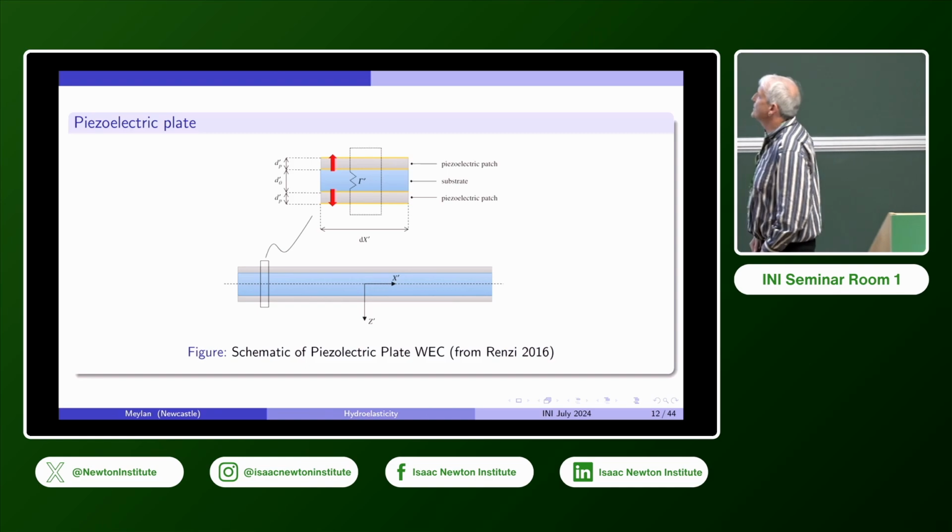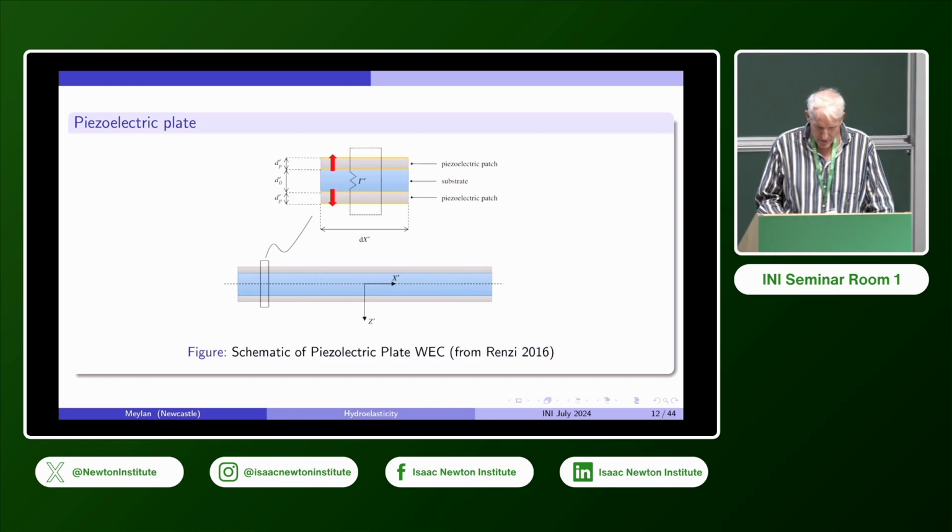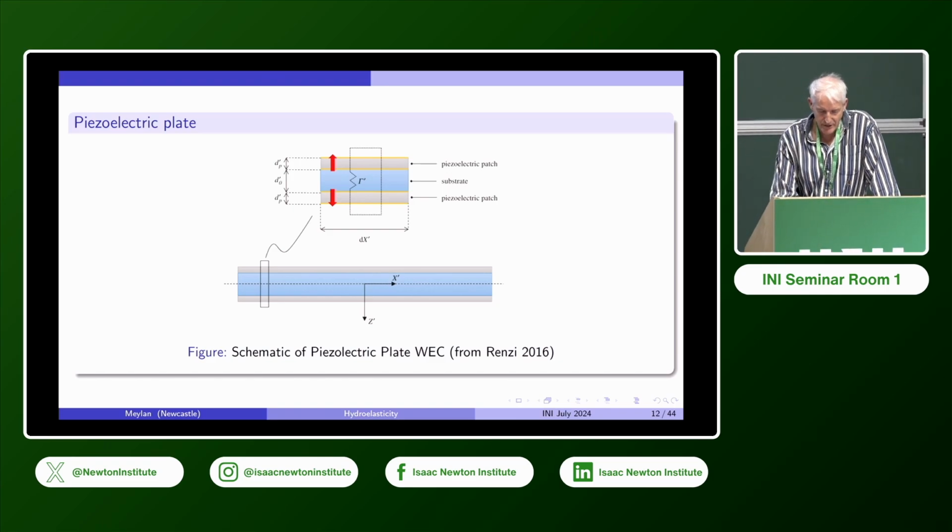There's a lot more to putting this together than just that. It's not clear that the analysis that was done in 2D would apply to 3D. There's a lot of work on the piezoelectric theory that needs to be done to kind of close it.